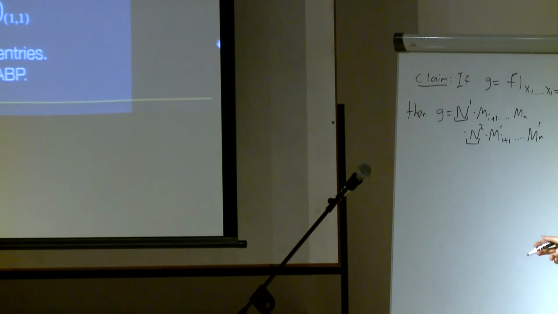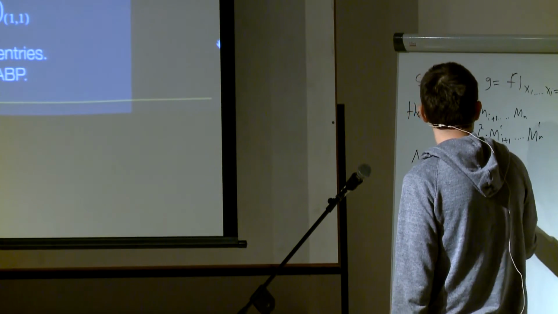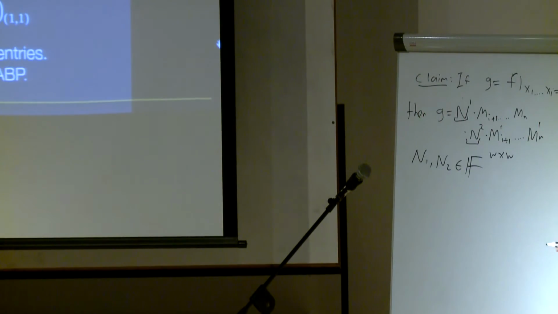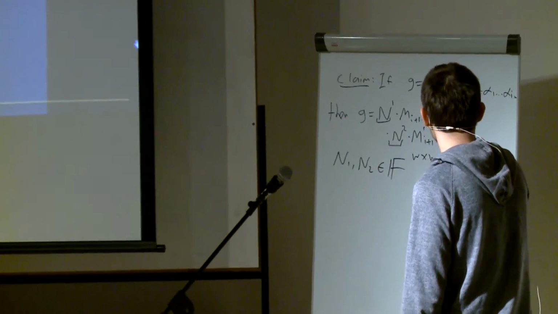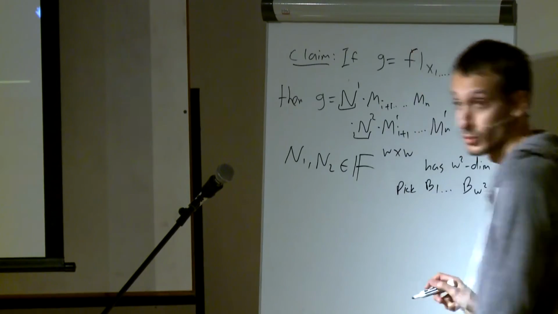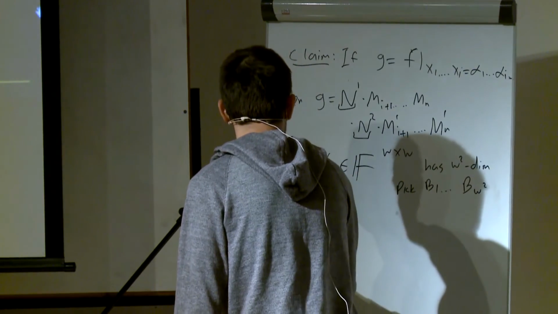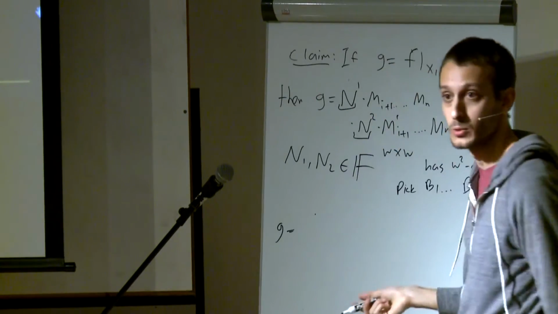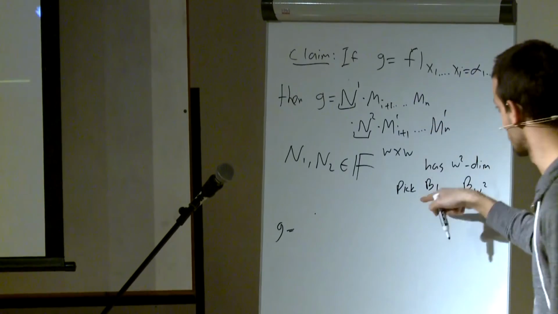N1 and N2 are in F to the W cross W. For this subspace, I know I have W squared dimension, so I can pick a basis B1 through B W squared. Then I want to write N1 and N2 as sums of scalars times these matrices, which span F to the W cross W.